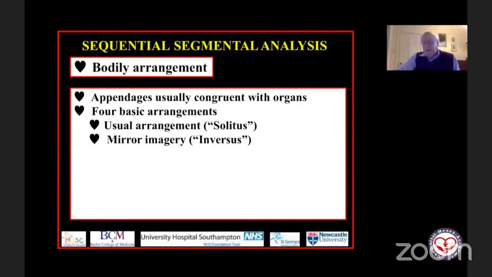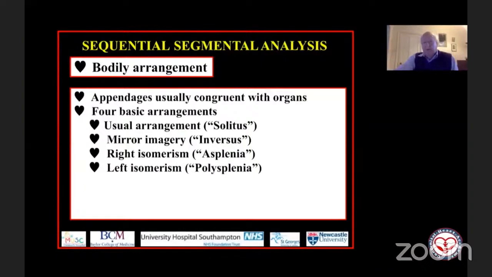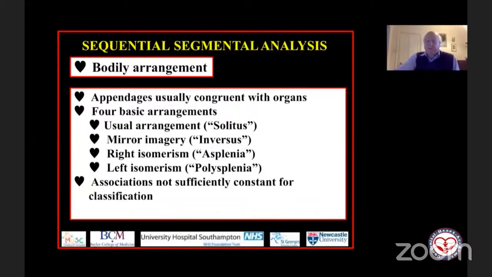And then the particular approach taken in sequential segmental analysis, we divide visceral heterotaxy into the two subsets of right isomerism, usually but not always associated with absence of the spleen, and left isomerism, usually but not always associated with multiple spleens.